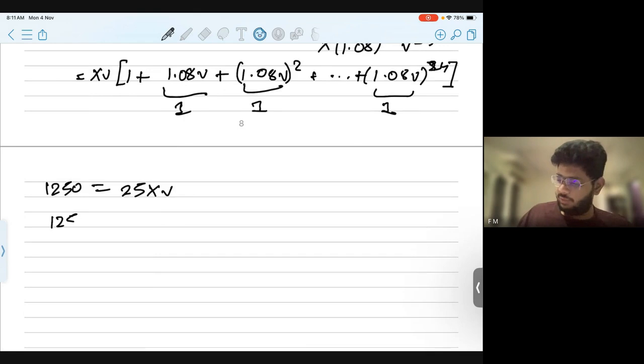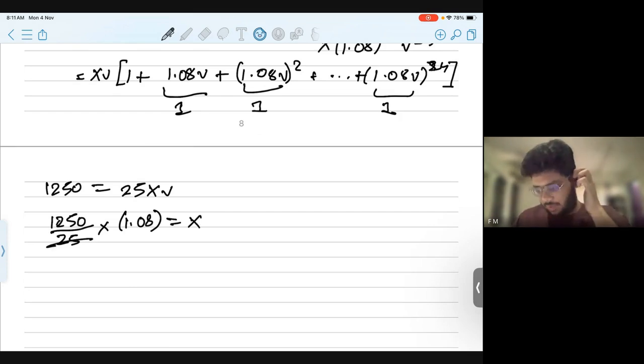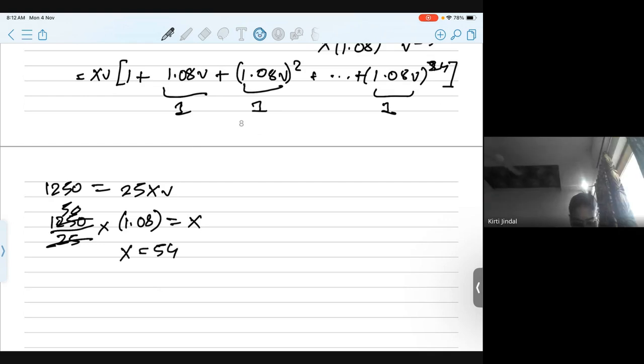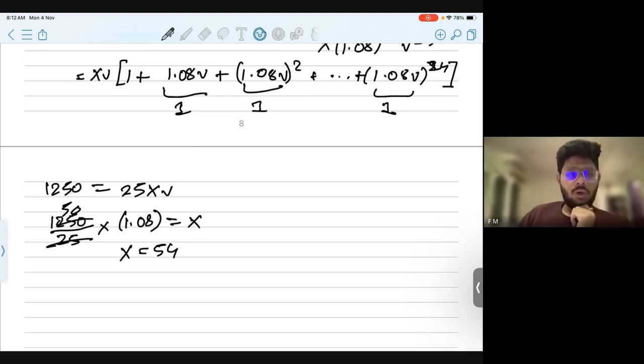So 1250 upon 25 into 1.08 is equal to X. 25 fives are 50, 50 into 1.08 is 54. X is equal to 54. I mean, you could have used the formula and you would have still received the correct answer.